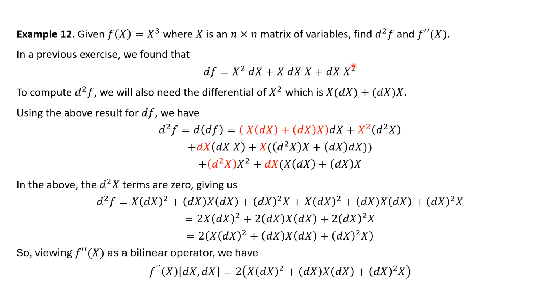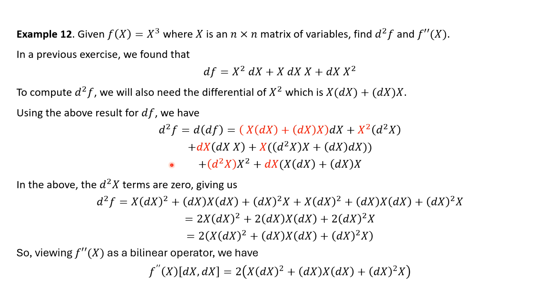Then the third item here, we take the differential of the differential of x times the second term, and then dx times the differential of x squared. So we plug this in here. So all of these second differentials of x are 0. It turns out the explanation is not so simple. You may just assume it's 0, but it actually has to do with differential geometry.